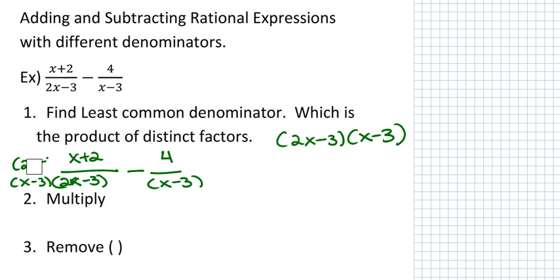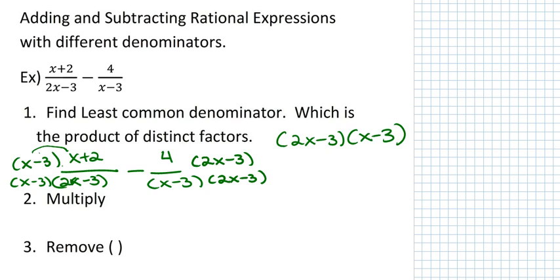So notice on the left, you'd multiply by x minus 3. And on the right, you multiply by 2x minus 3. And that would give you the common denominator. Now, you FOIL.